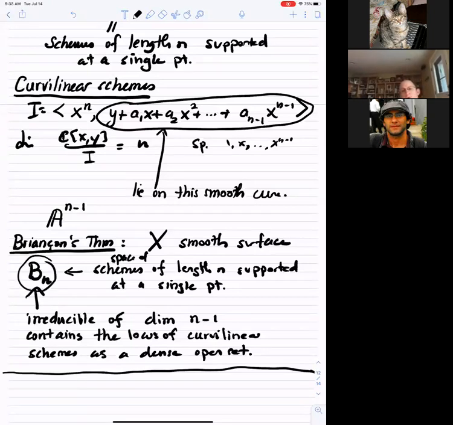Because you can just look at the support of the scheme, and this thing splits as a disjoint union of these schemes B_n, where n is the length, and then over the support of the scheme. So if you understood all these B_n's well, then you would understand the Hilbert scheme really well, right?